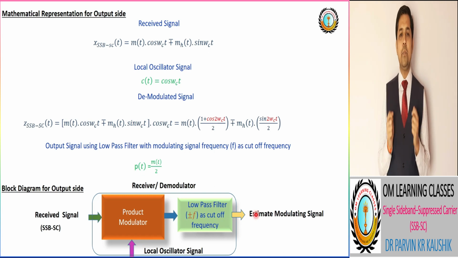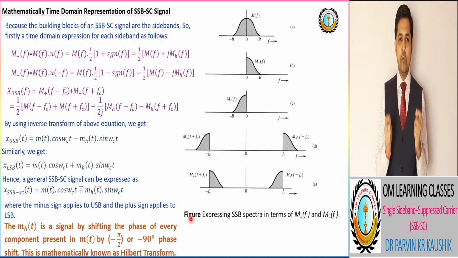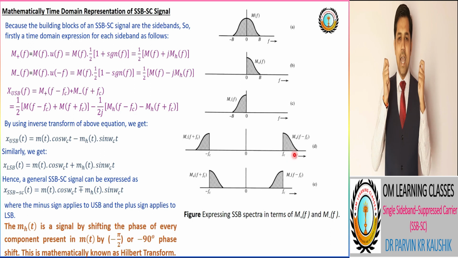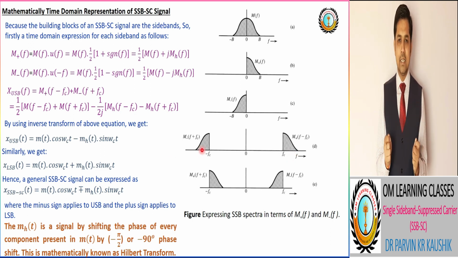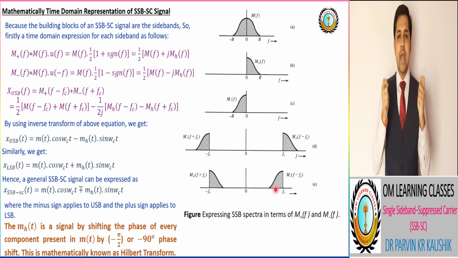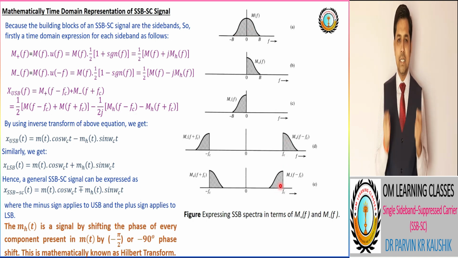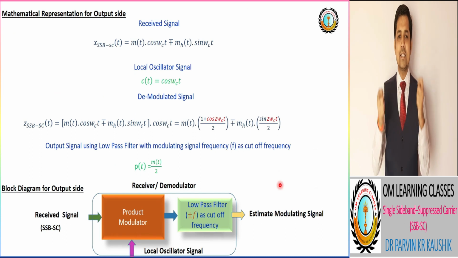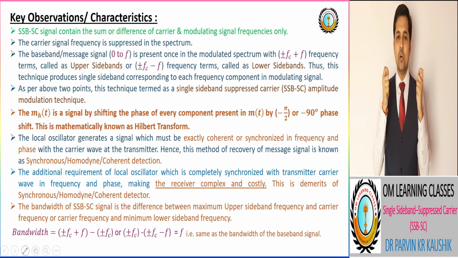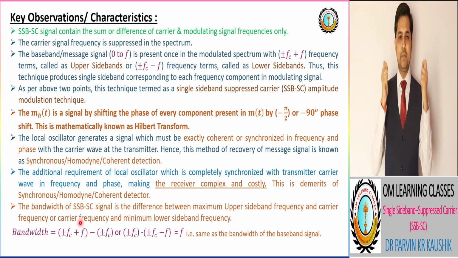And another important point: the bandwidth of the modulated SSB-SC signal is the same as the bandwidth of the baseband signal. This is the important advantage of the SSB-SC modulation technique over the DSB-SC modulation technique.